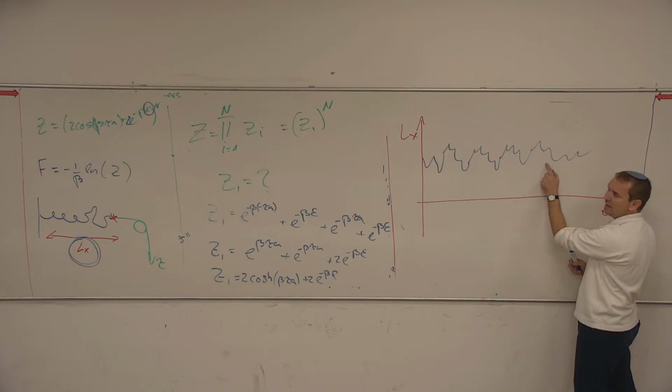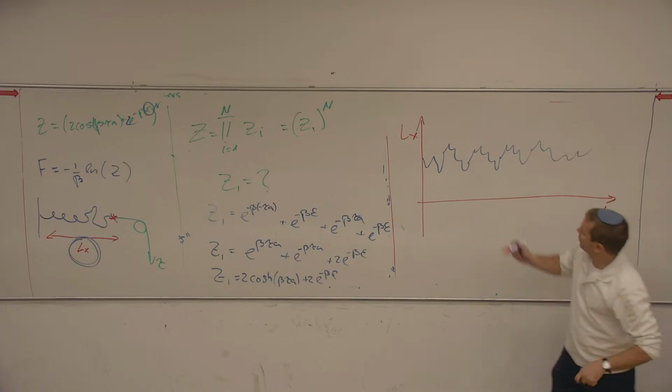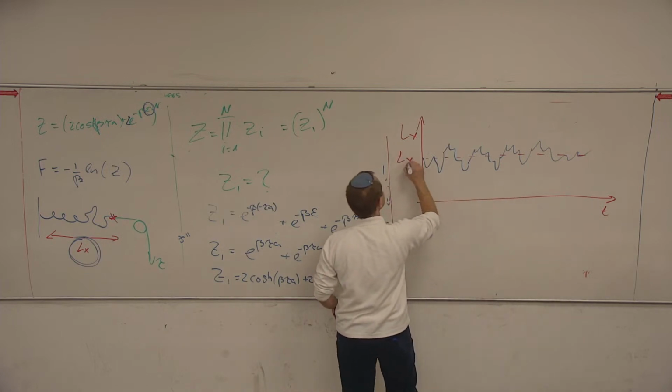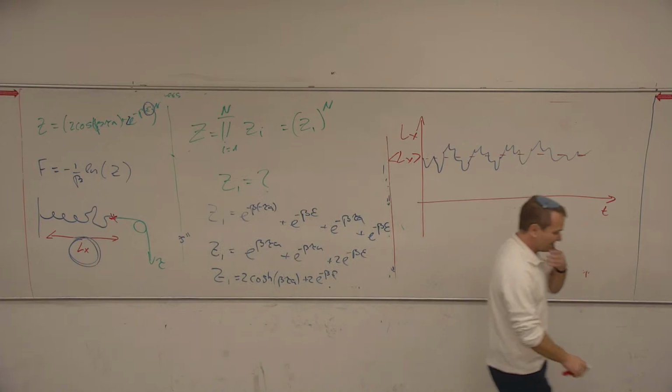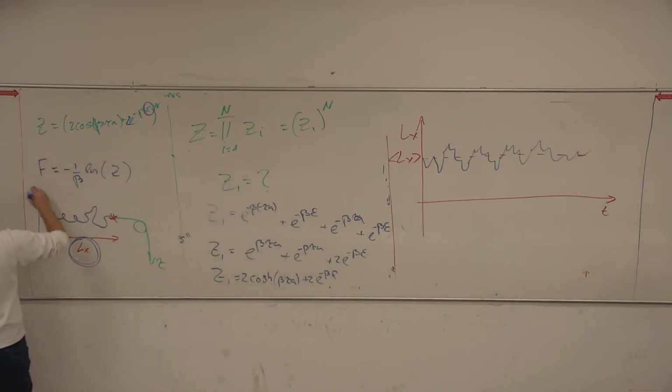Now, Lx is a stochastic quantity. We don't know anything about this stochasticity, but we can compute the mean value. So this is Lx average. We can compute this from the expression over here.